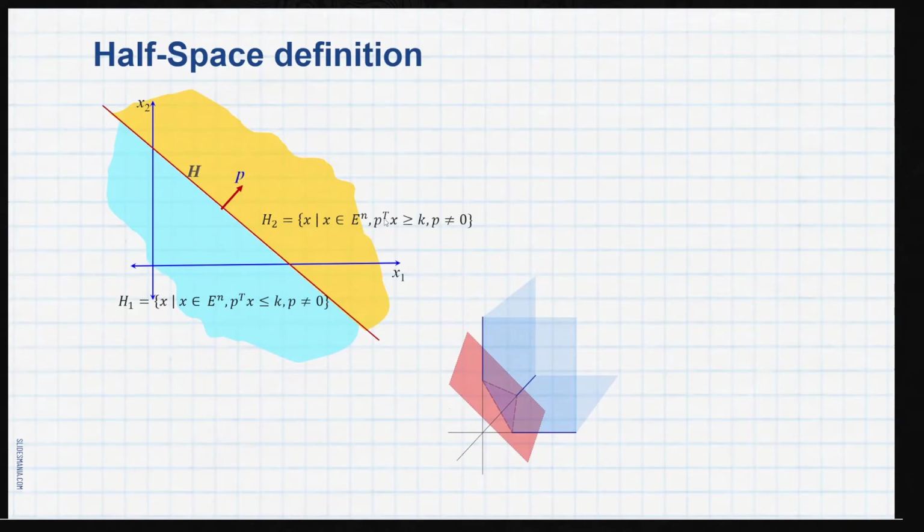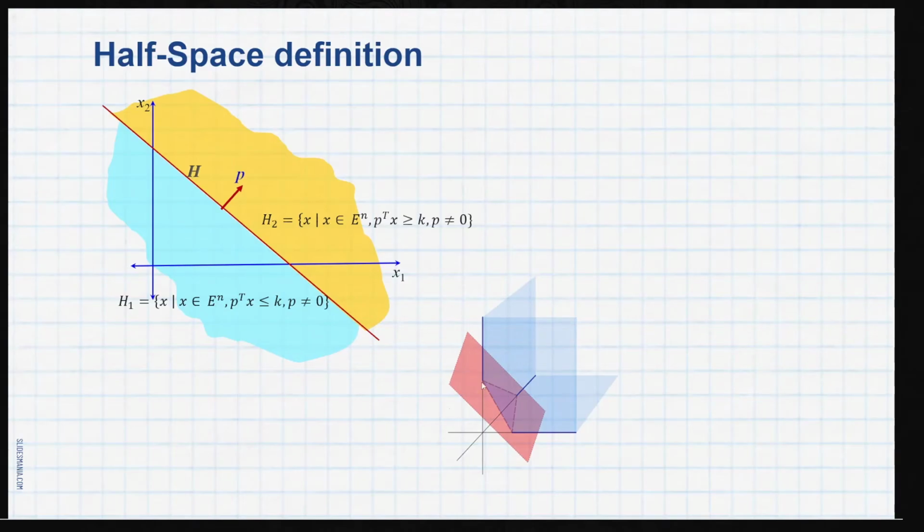So we define p times x greater than or equal to k as the upper right side, the yellow region, which we call a half space. The other, H1, is p times x less than or equal to k, which is the lower left portion, the blue area, and p is not equal to 0. p is what we call the normal vector of that hyperplane.